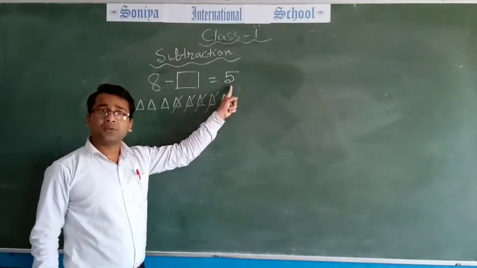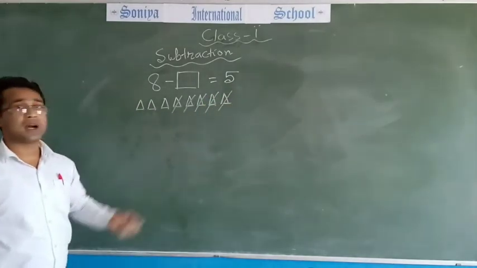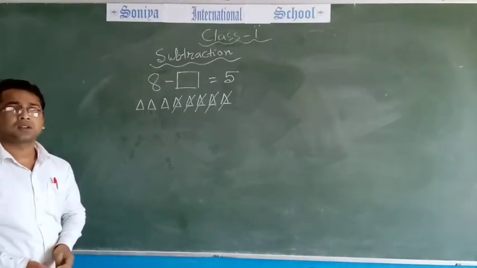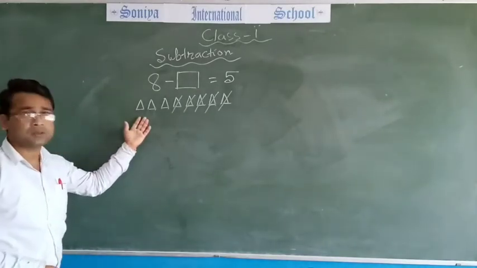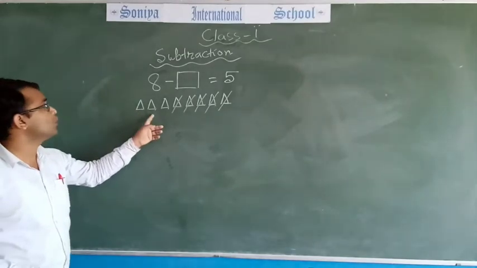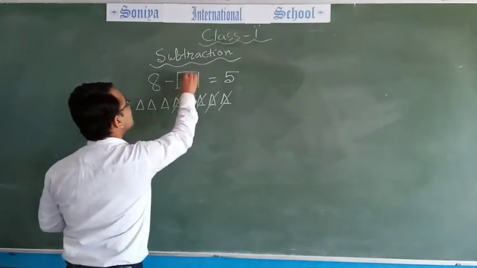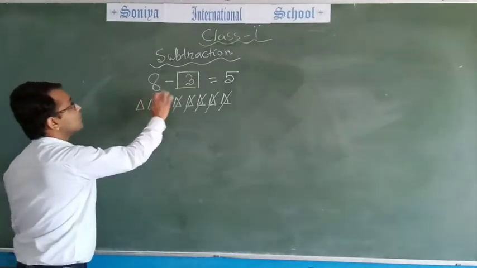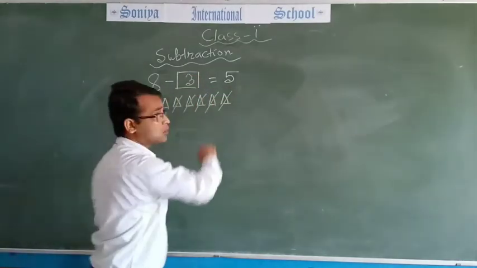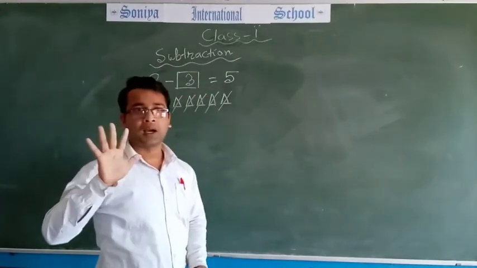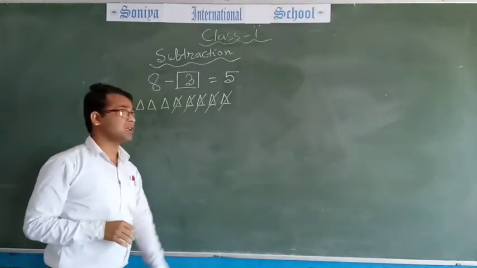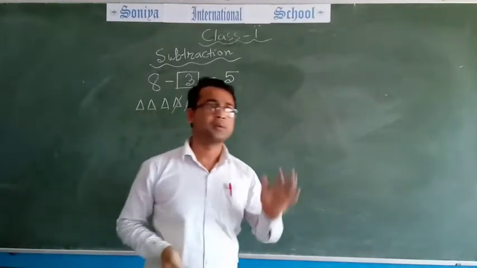Because answer is 5. How many triangles left with me? 1, 2, 3. Then 8 minus 3 is equal to 5.